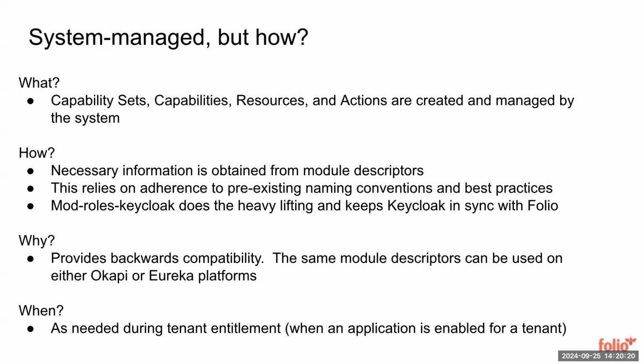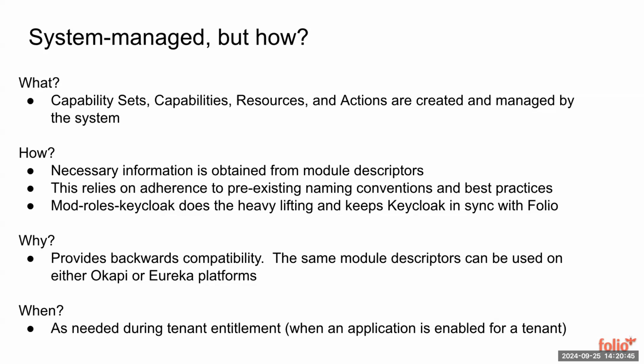The necessary information is obtained from module descriptors, and we'll get into that in a little bit of detail with some examples. And this all relies on adherence to well-known naming conventions and best practices. And Keycloak does a lot of the heavy lifting here of keeping Keycloak and folio in sync with one another. We did this because of backwards compatibility.